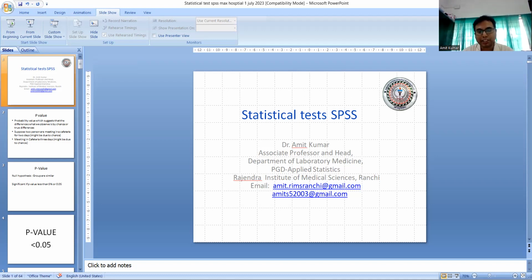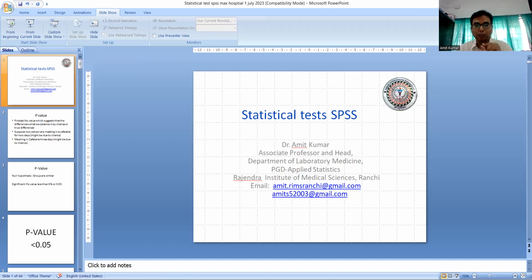Maybe there is pre-planning, so that they meet at a very specific time. So this is happening beyond chance. When the difference we are comparing is not due to chance, that is when the p-value comes into the picture.